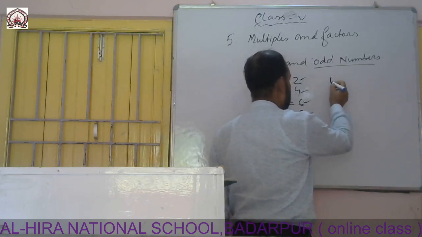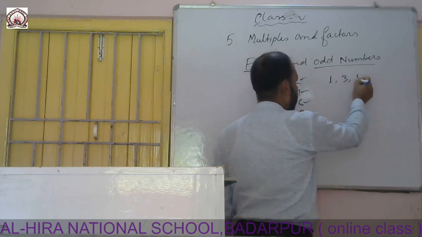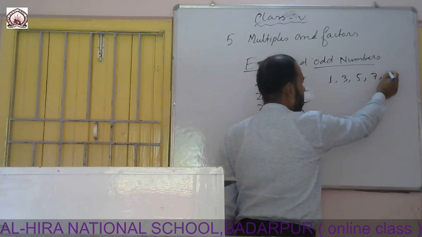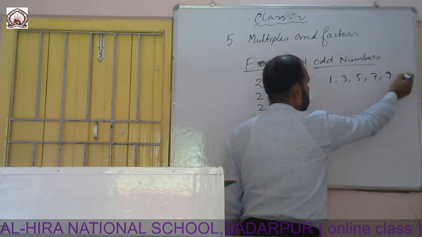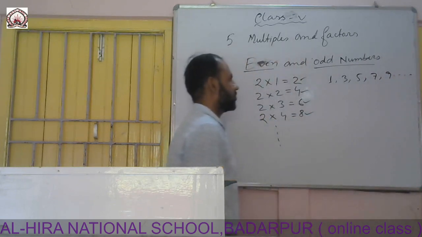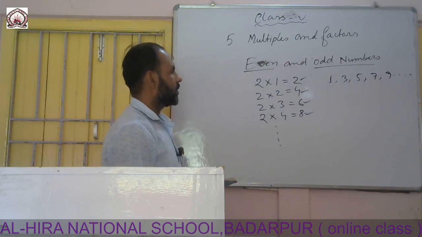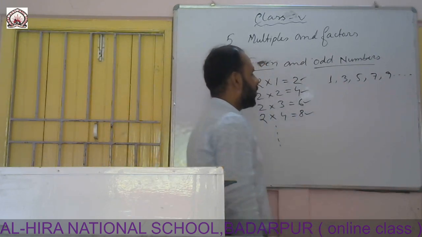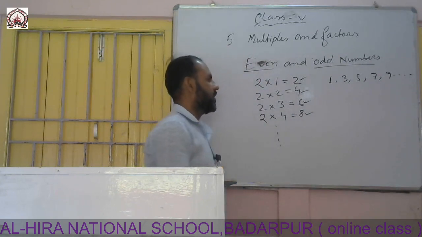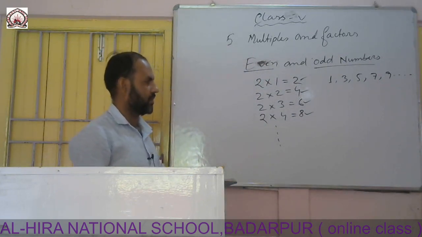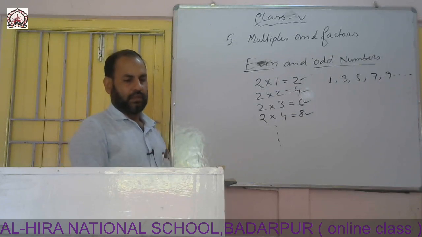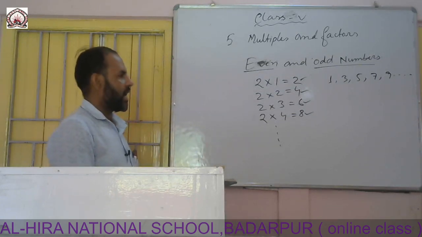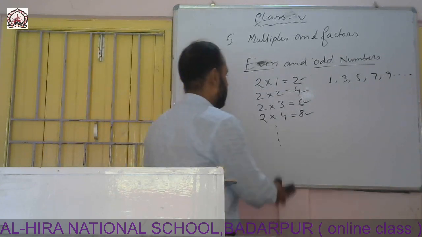For example, 1, 3, 5, 7, 9, etc. Odd numbers we cannot divide by 2 exactly. So, all numbers are either odd or even.